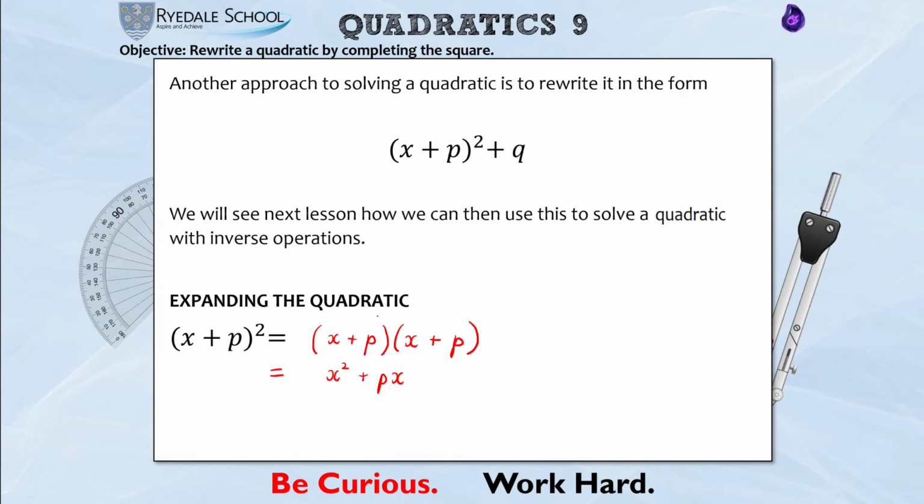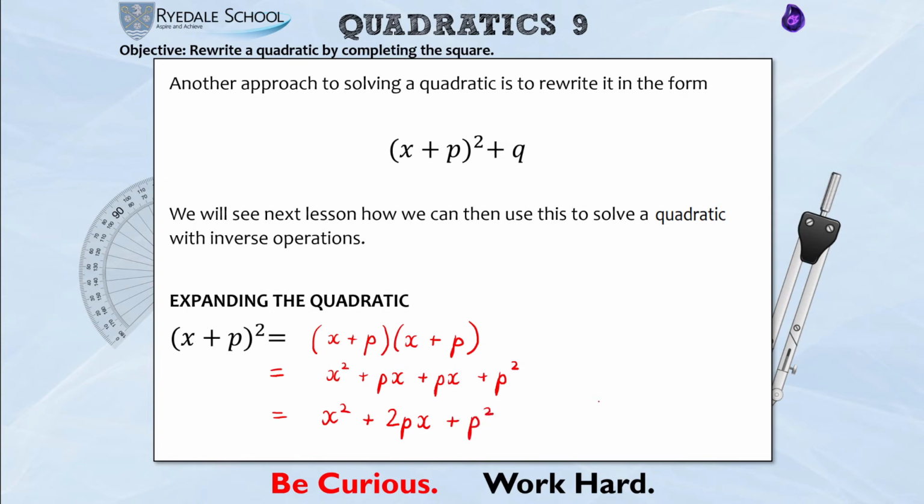I will get from my inners plus px. And I will get from my lasts p times p, which is p squared. If I tidy that up, I get x squared plus, well, I can put a px and a px together to get 2px, so 2p x's, and I'll get a p squared on the end.